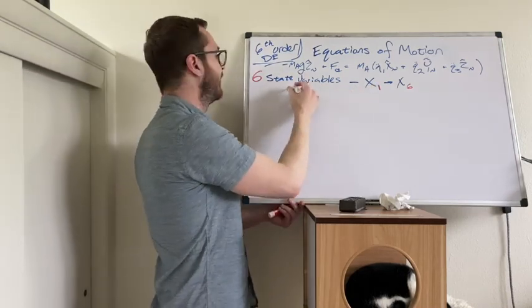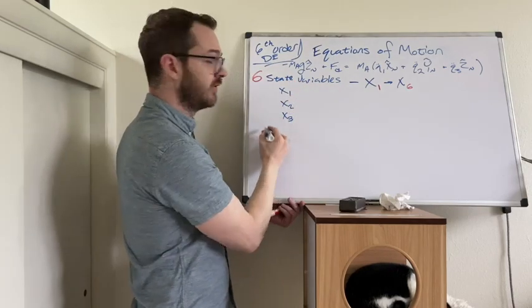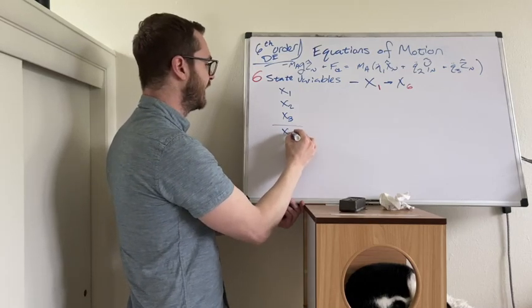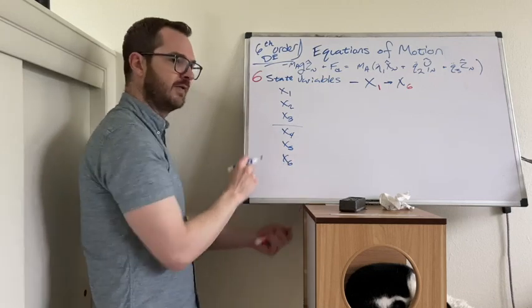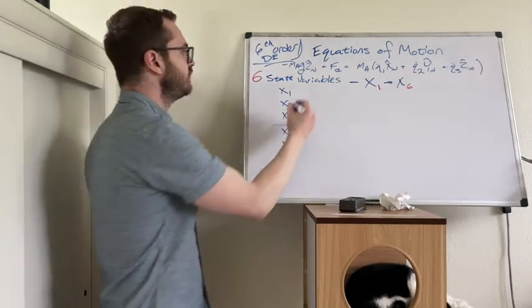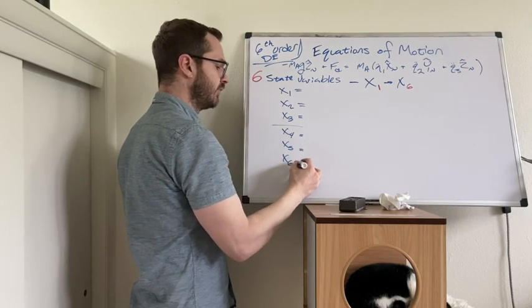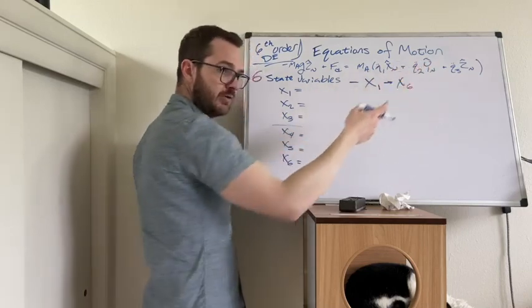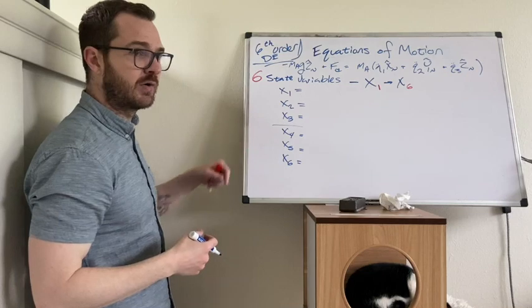Next, let's write down what the state variables are. We said there's 6 of them, so we've got x1, x2, x3. I'm going to do a little separator between them just to keep it organized. And then there's x4, x5, x6. You'll see why I did this in a moment. So what are all of these state variables? Again, look at where the derivative is. We've got q1 and q2 and q3. Let's make those our original state variables.